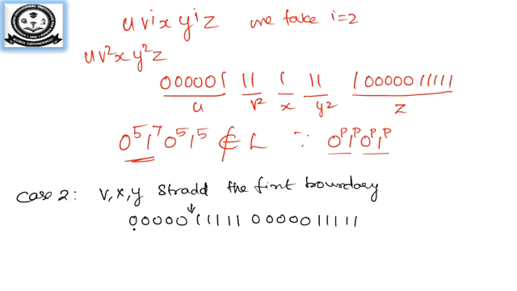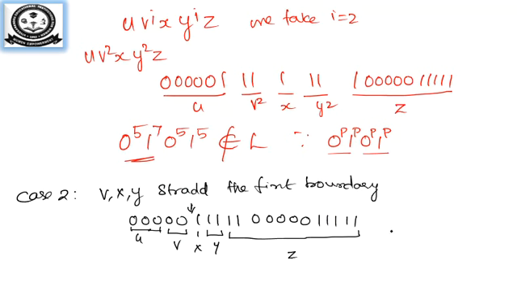So let us take, I will take the first three zeros as u, then we'll take two zeros as v, we'll take a single 1 as x, then y you can take again two ones as y, and the remaining terms are z.